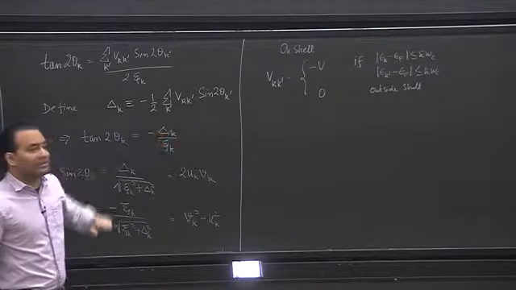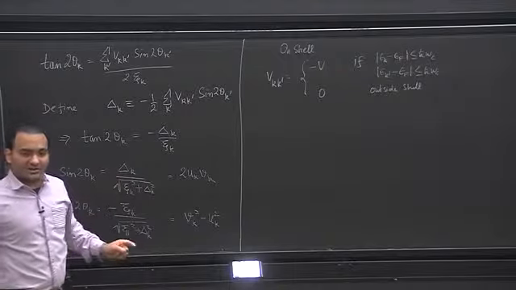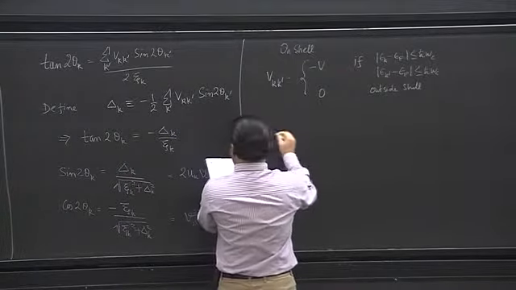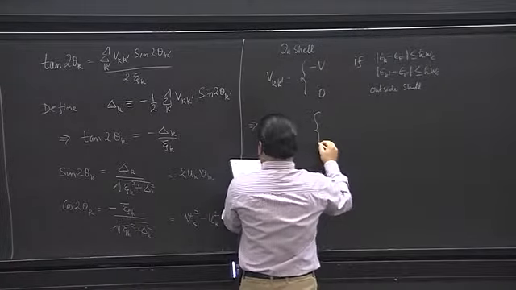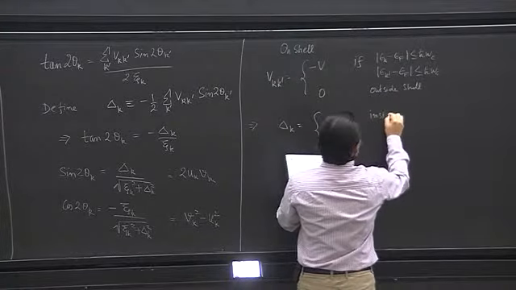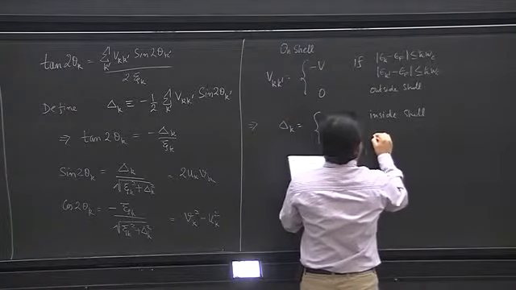That means within this approximation, this quantity delta should be a constant. So this approximation implies that delta k is delta, some constant, inside the shell, and is 0 outside.